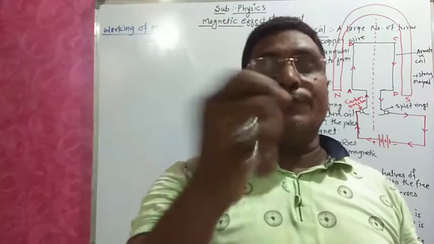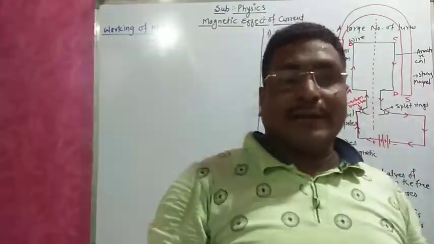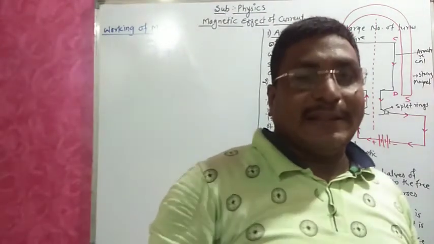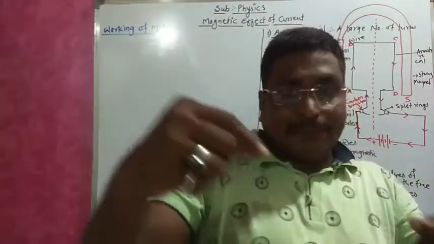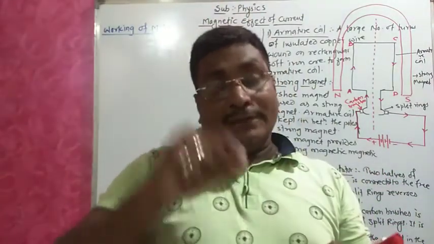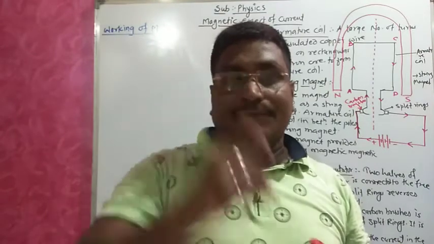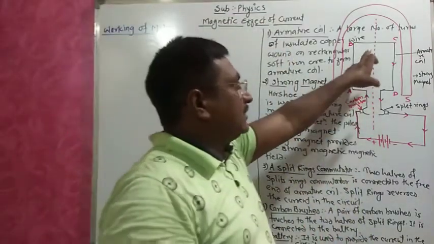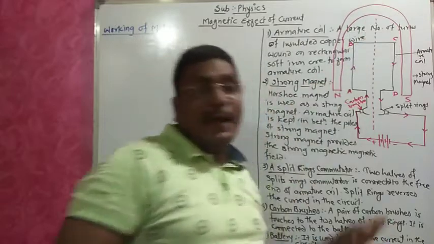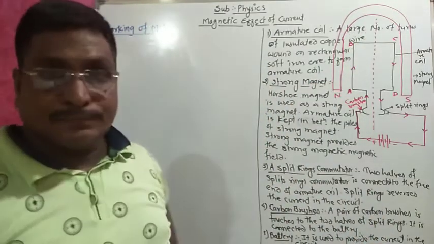Or take any motor, for example a table fan. At the middle, where we connect the blades of the fan, the blades are connected to the shaft. That shaft we call the axle. It passes through the middle of the armature coil.